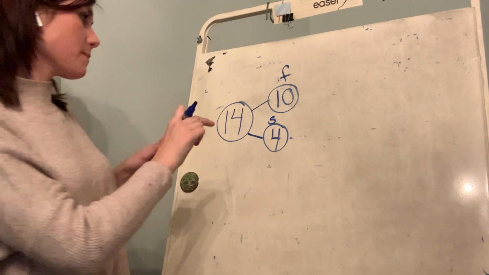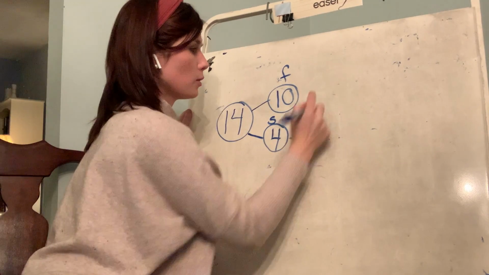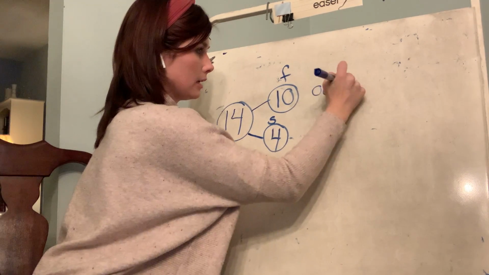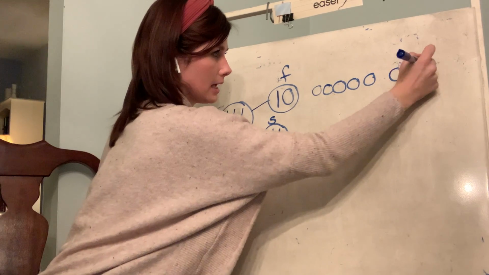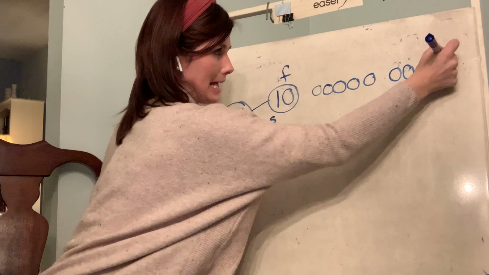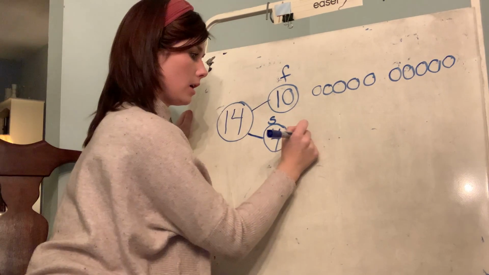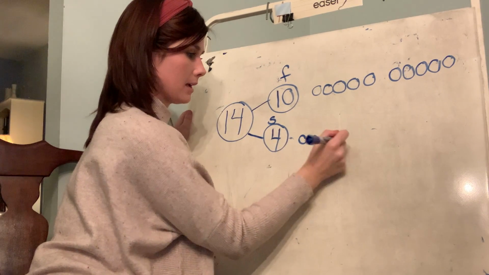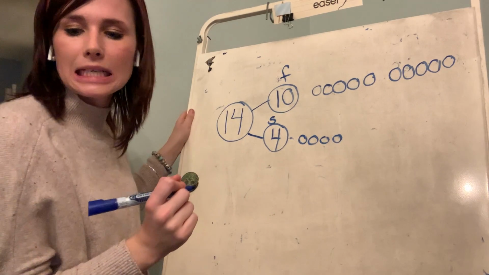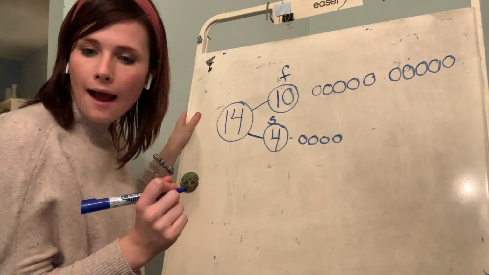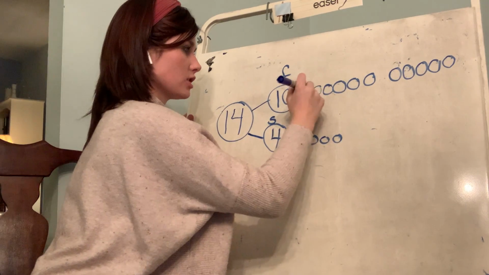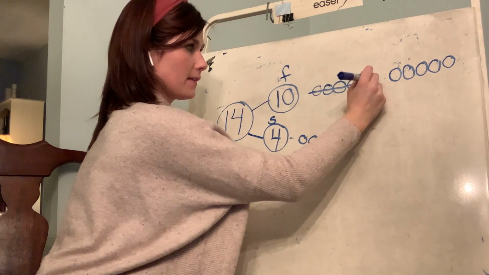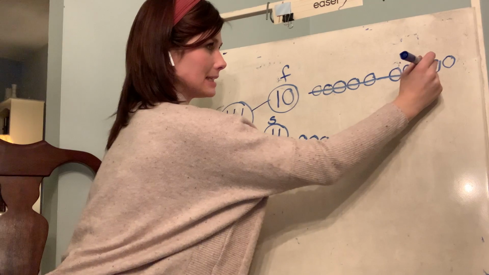All right, let's draw our picture. 10 and then our 4. 1, 2, 3, 4, 5, 6, 7, 8, 9, 10. And then we have our 4. 1, 2, 3, 4. And it says Kim loses 9 stickers from the first page. So we need to cross off 9 from the first page. 1, 2, 3, 4, 5, 6, 7, 8, 9.